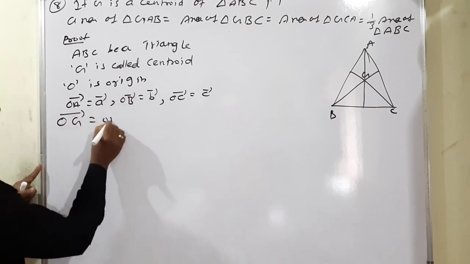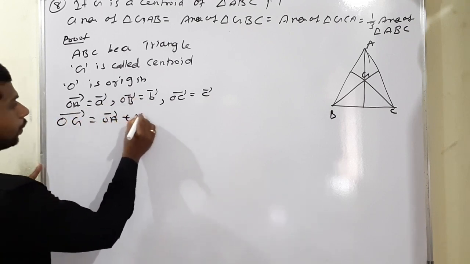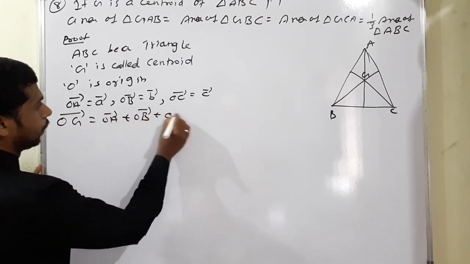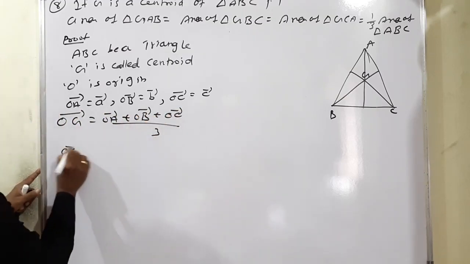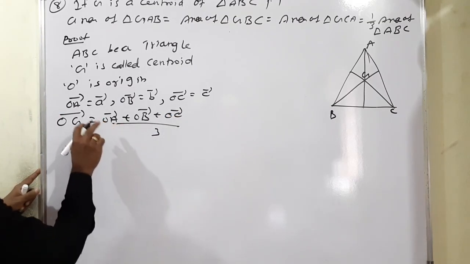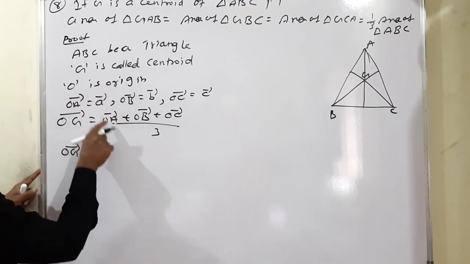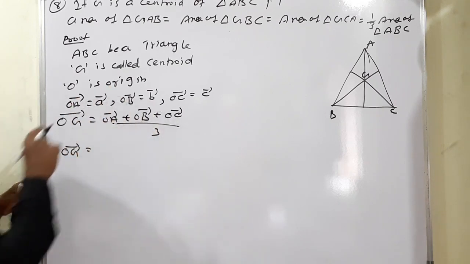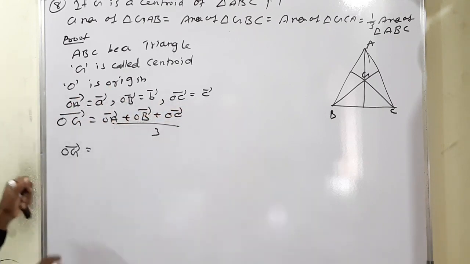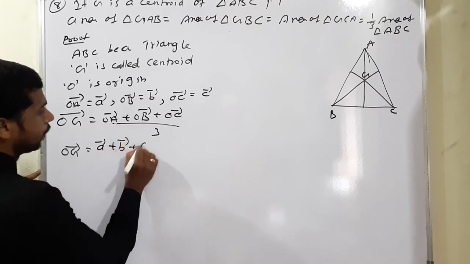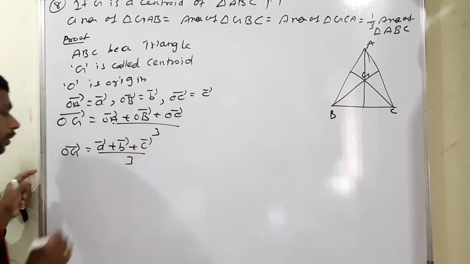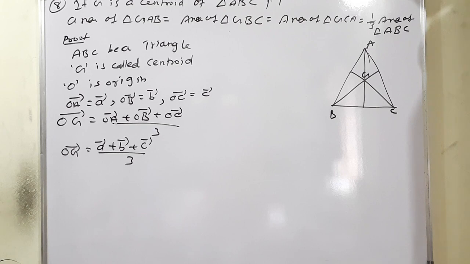OG vector is equal to OA vector plus OB vector plus OC vector divided by 3. Therefore, OG vector is equal to A vector plus B vector plus C vector divided by 3.